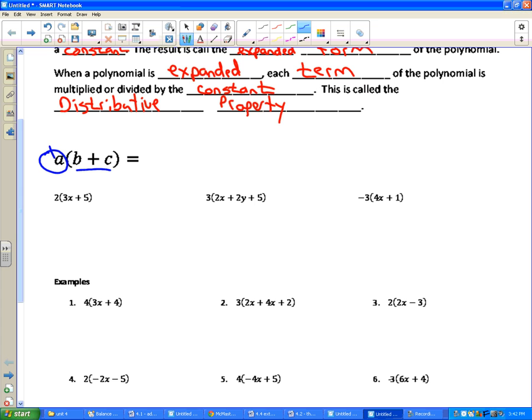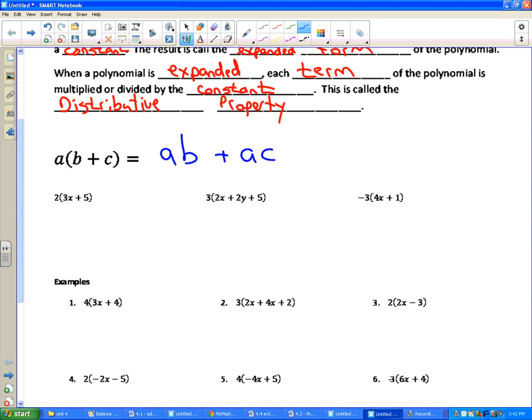And we're going to multiply it by each of the terms inside of our polynomial. If I were to take this a times b, well, a times b is ab. If I were to take the a times c, it would be ac.